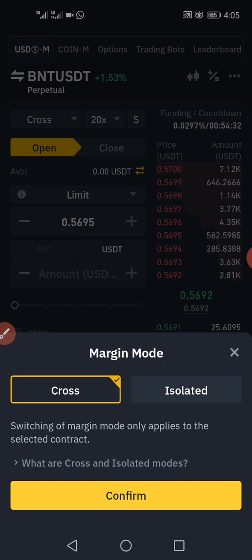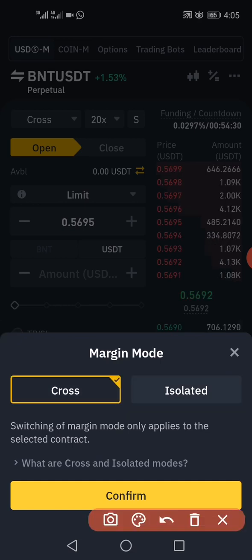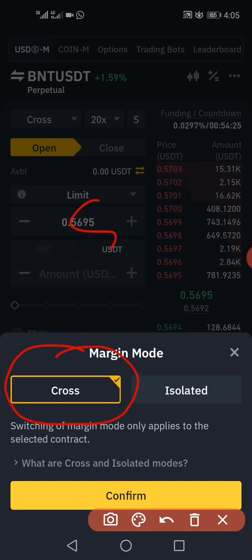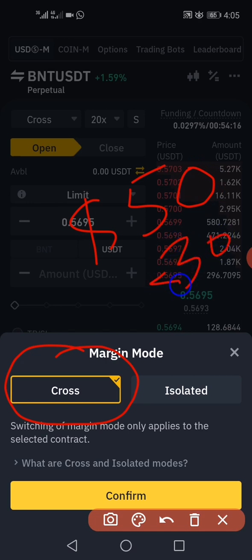Now let me start by explaining what cross is. For example, if you have $50, and you decide to trade with $30, remaining $20. Now if the trade did not go your way, maybe you predicted that the price is going to go up, and the price started going down, to the extent that you already see yourself having a loss.